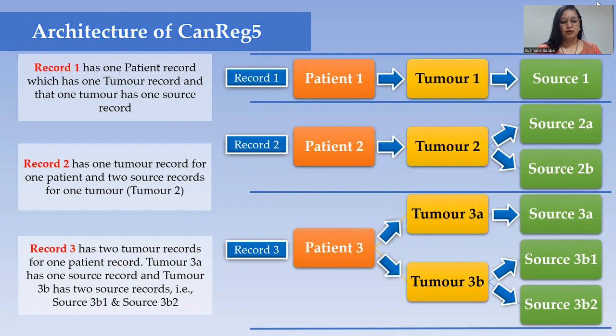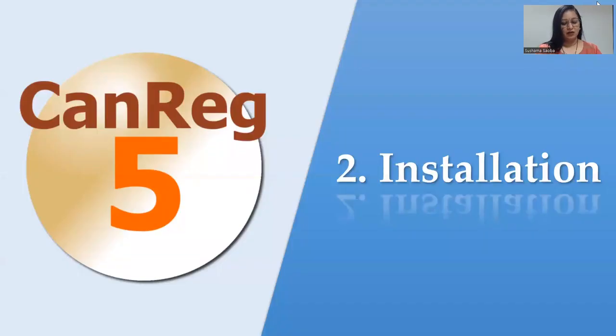The information for the first tumor, 3A, was obtained from a single source, source 3A. Whereas the information regarding tumor 3B was obtained from multiple sources, that is source 3B1 and source 3B2. I hope this is clear. So we can move on to the installation part of CanReg5.